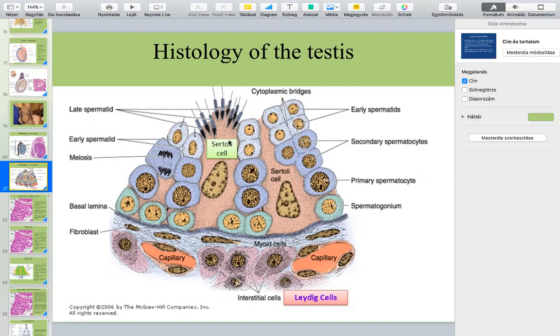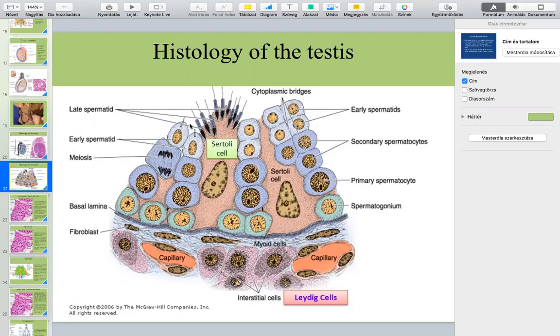Among the maturing cells, we have supportive cells called Sertoli cells. They maintain a special microenvironment in the seminiferous tubules. They monitor the hormone level inside and separate the maturing cells.